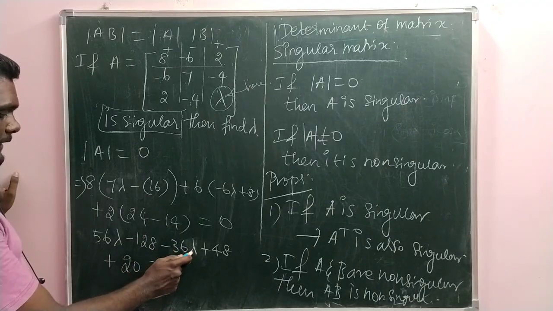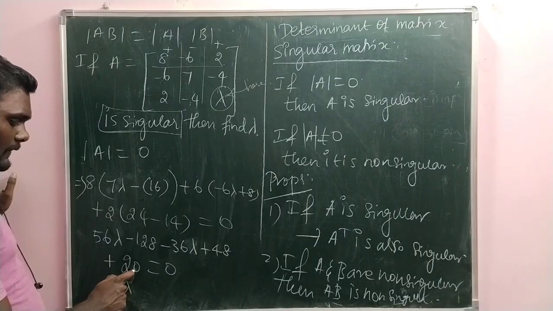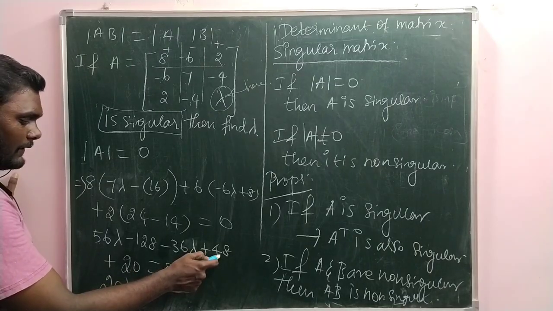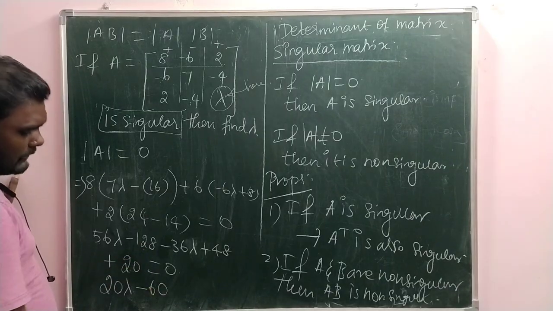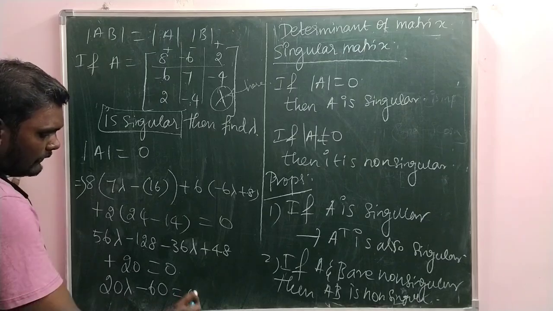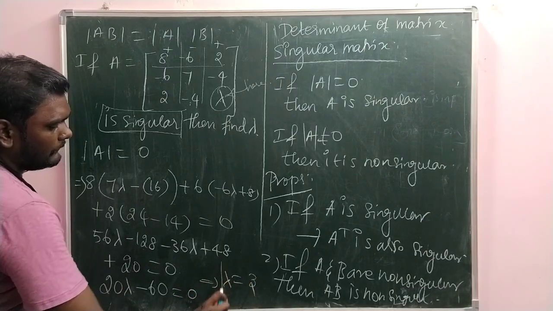Simply calculate. 56 minus 36 will be 20 lambda, and this is 20 plus 48, 68. 68 minus 128, which is minus 60. So we'll get lambda value is what? 3. That's all.